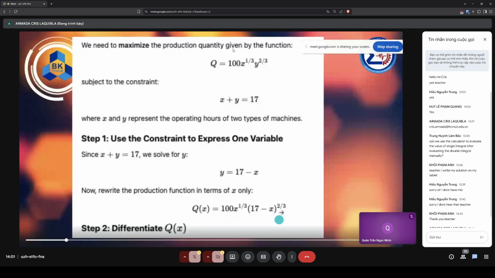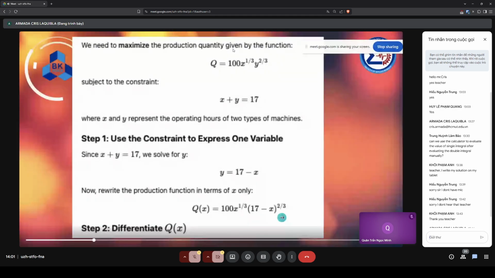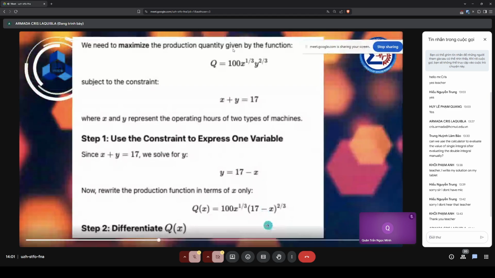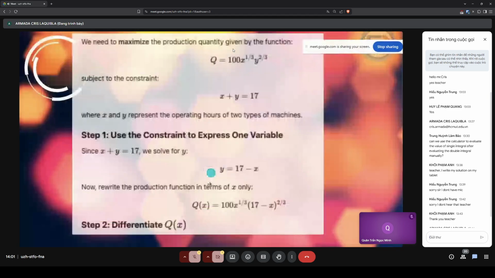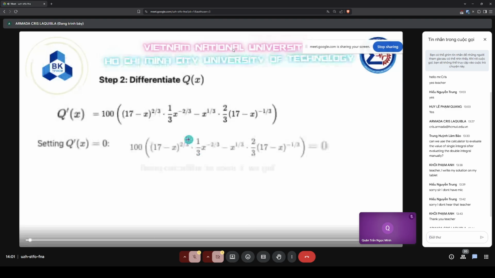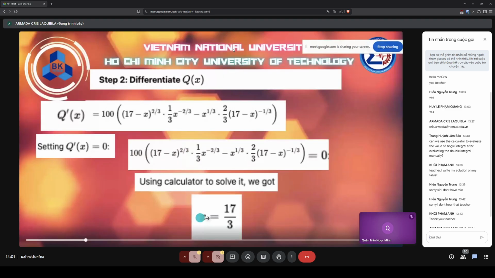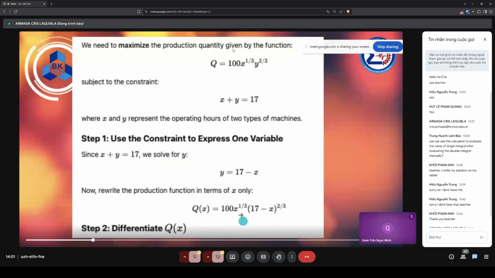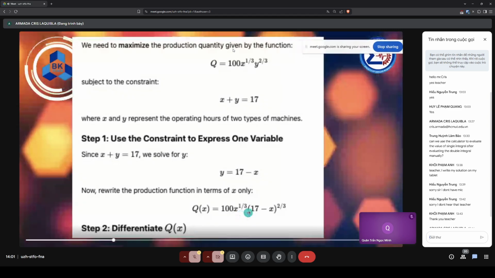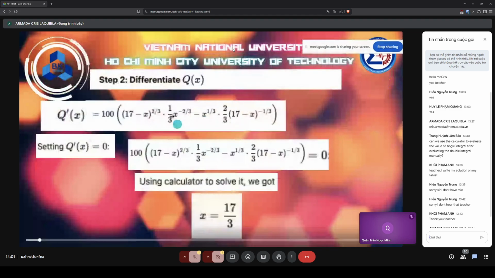This is the first term that he has. Then multiply the derivative of the other one, x to the power of one third. So multiply one third here. One third minus one is negative two thirds. So it should be one third times x to the power of negative two thirds, which is here.